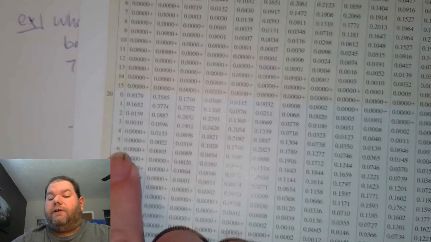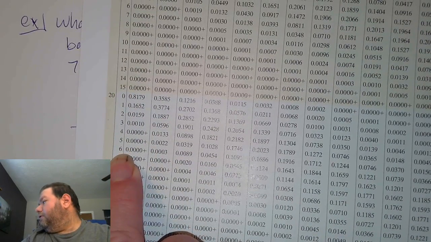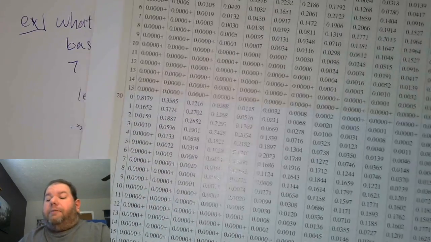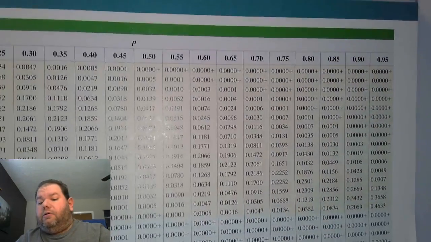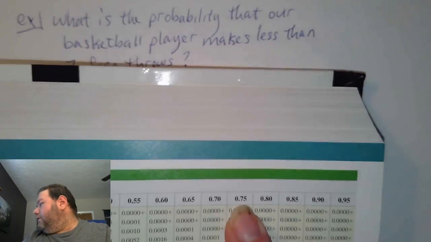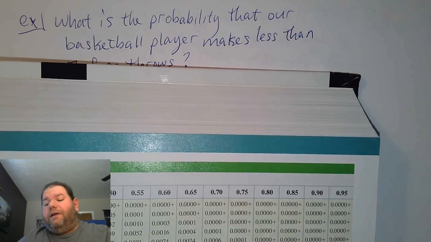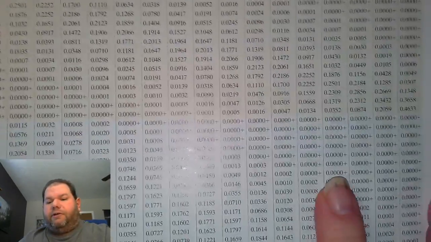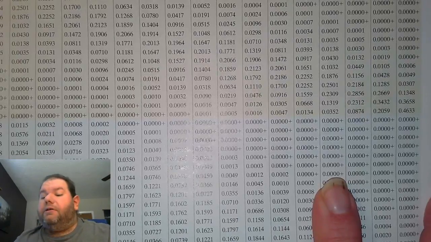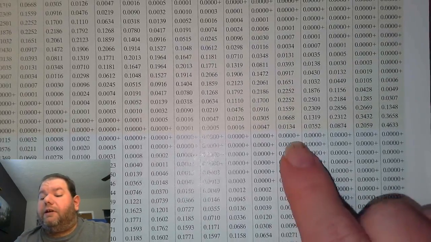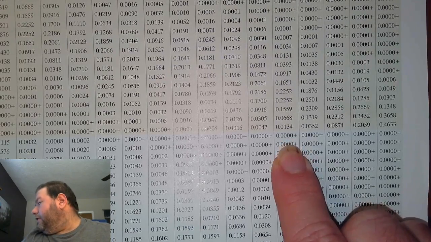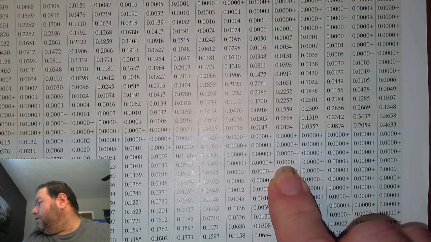We want 0 to 6, which is actually 7 numbers. We go over to 0.75, and we go down. This is where it hurts not having a bigger screen. We notice that for 0, we basically have a bunch of zeros.